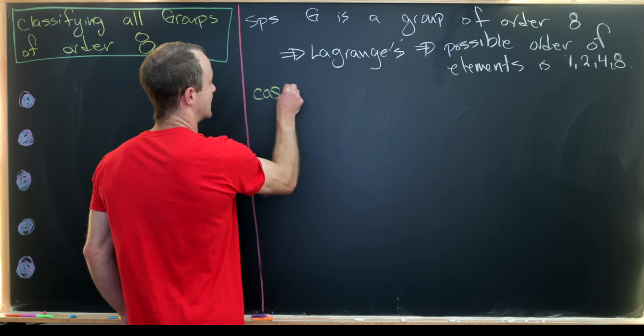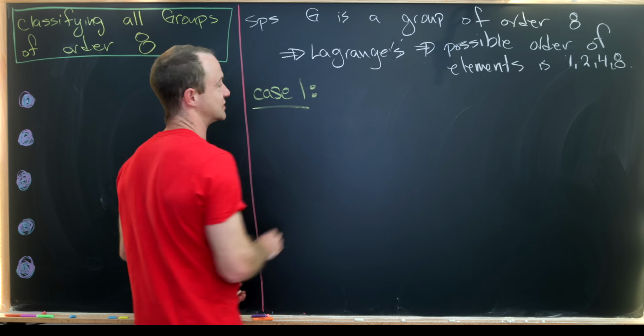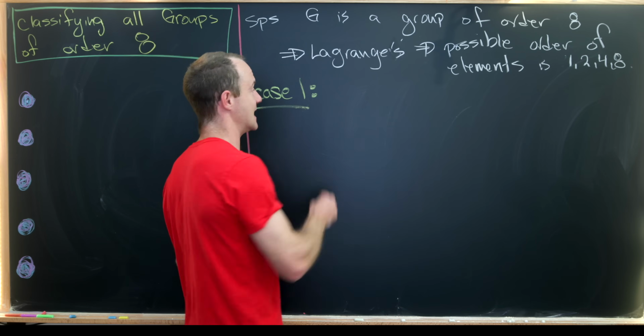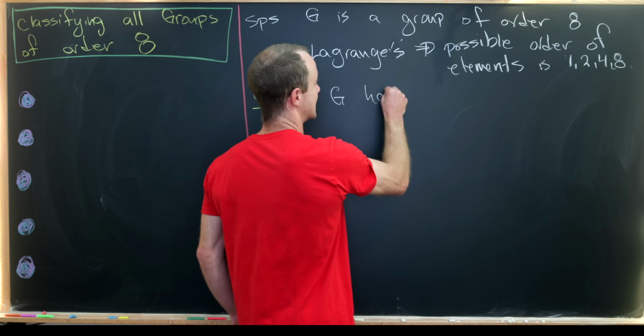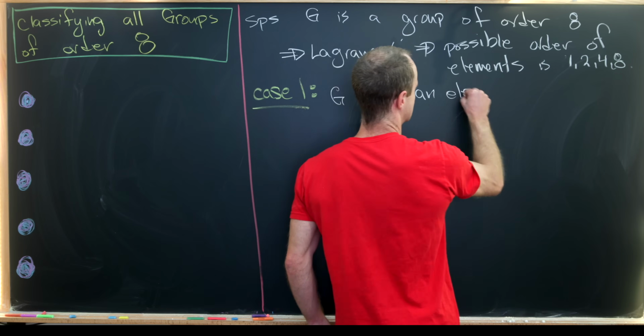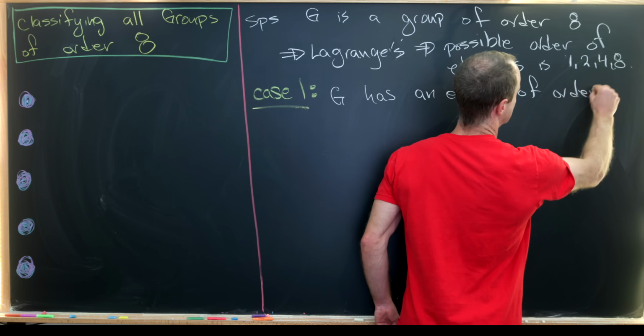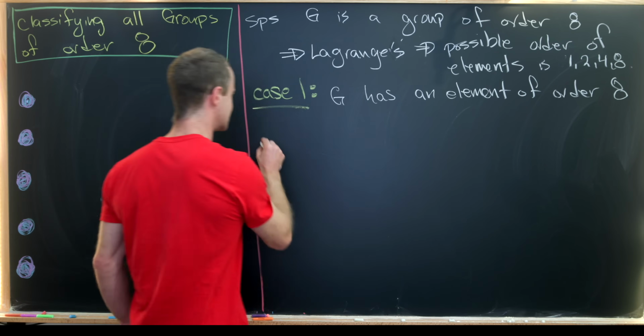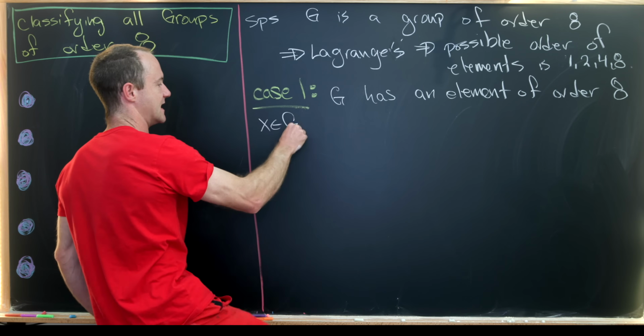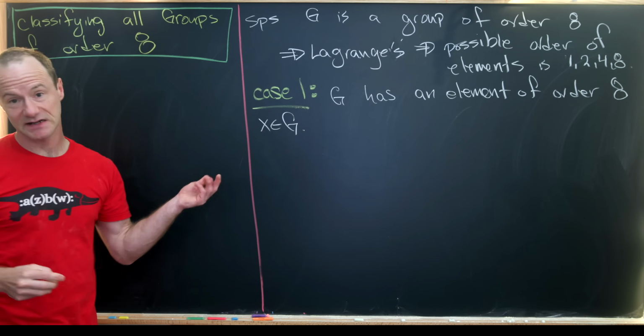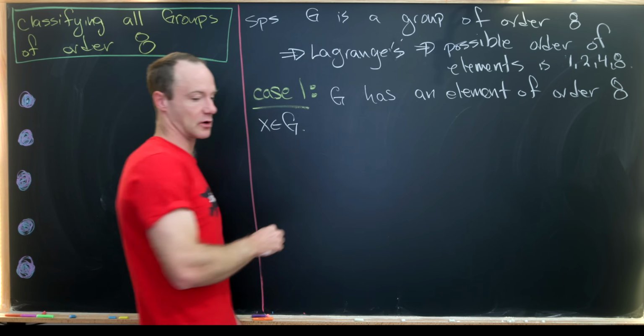Let's start with our first case, which is the simplest, and that is G has an element of order 8. Let's say that element, we'll call it x. So we've got x as an element of G, which is order 8.